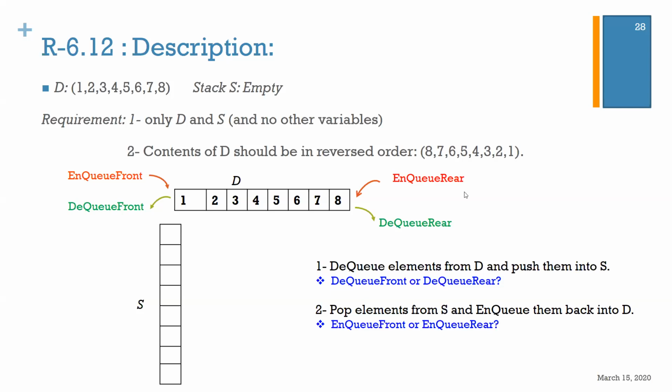Good, Mohammed. So the last NQ may be at the rear. You will use the DQ based on the first NQ.